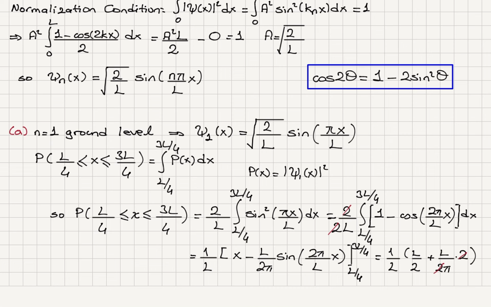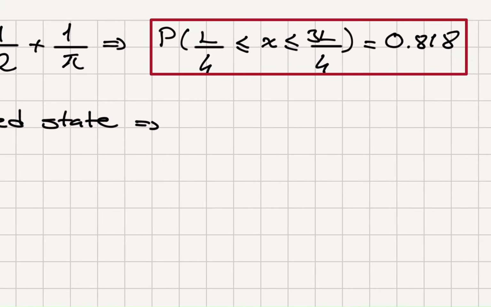Alright, so let's move on to part B. Now we will repeat this calculation for the first excited state, for which n is equal to 2.